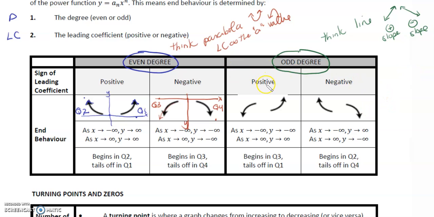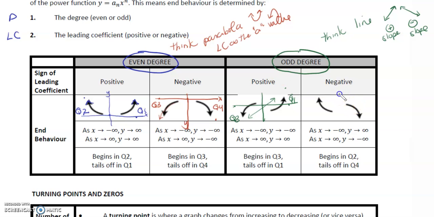So positive slope, think of a line, but this is going to be a curve. So as x approaches negative infinity, y approaches negative infinity. We're going to go from quadrant 3 to, as x approaches positive infinity, y approaches positive infinity, so Q1. Just like a line would.